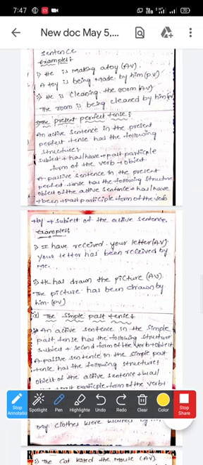Then we are discussing examples of the present perfect tense in the active and passive form. First example: I have received your letter. This is the active form of the present perfect tense. Next one: your letter has been received by me.